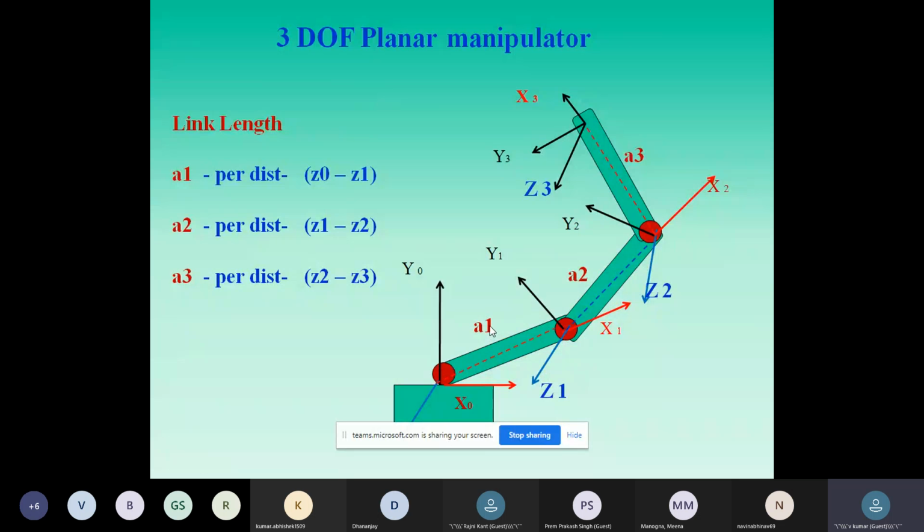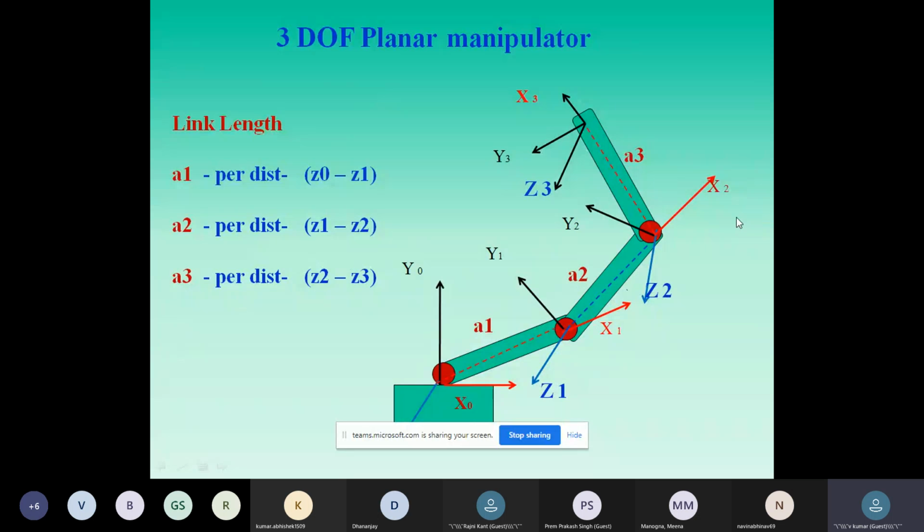It is the perpendicular distance between two axes, along Z1. This is A1. A2 will be the perpendicular distance between Z1 and Z2, shown by the dotted blue line here. This length is called A2.